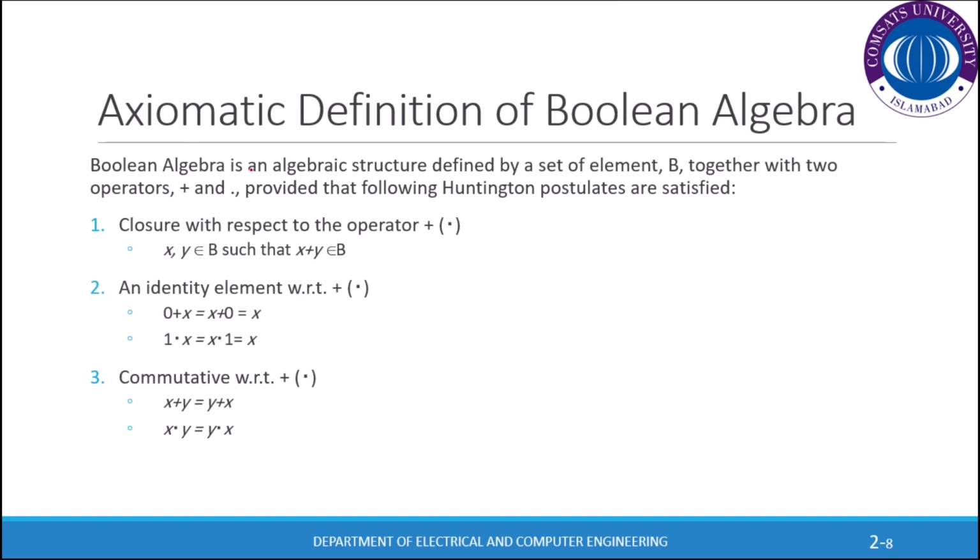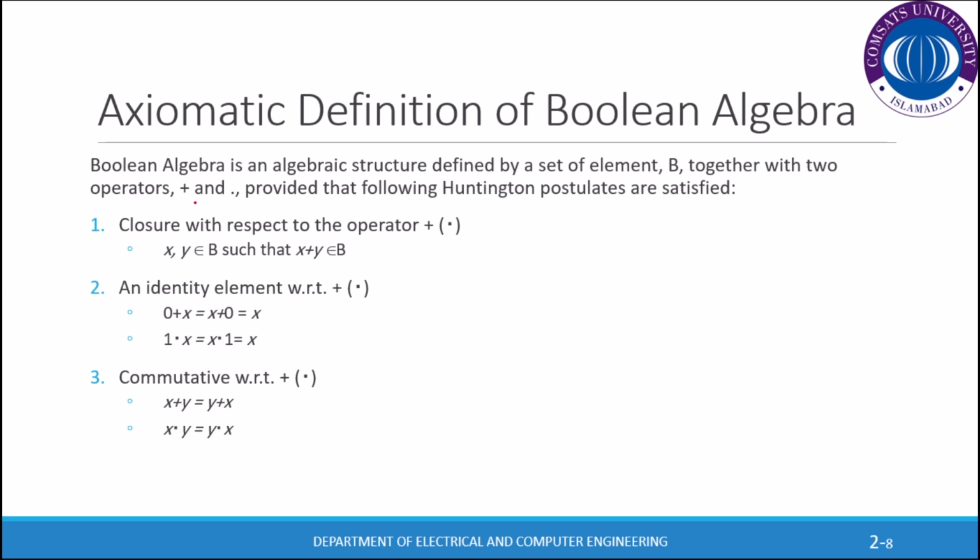Now comes the axiomatic definition of Boolean algebra. Let's combine all the things which we studied in the last few slides. Closure with respect to operator plus and dot. In Boolean algebra, we have two basic operators that are plus and dot.